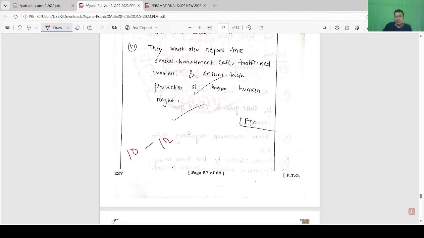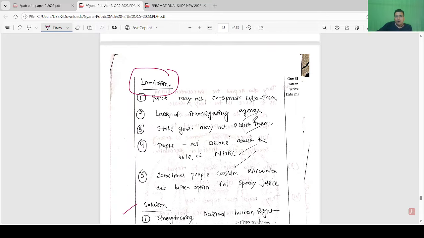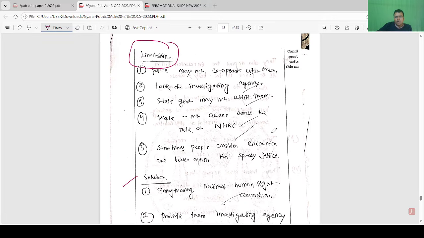10 to 12 points in function, minimum 10 to 12 you should write. Police may not cooperate, lack of investigating agencies, state government may not assist them, people not aware about role of NHRC, speedy justice. Again I'm not satisfied with lack of own investigation.